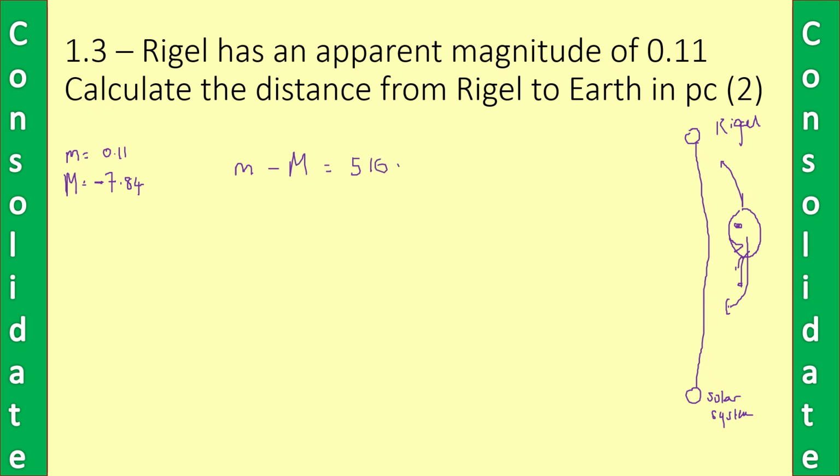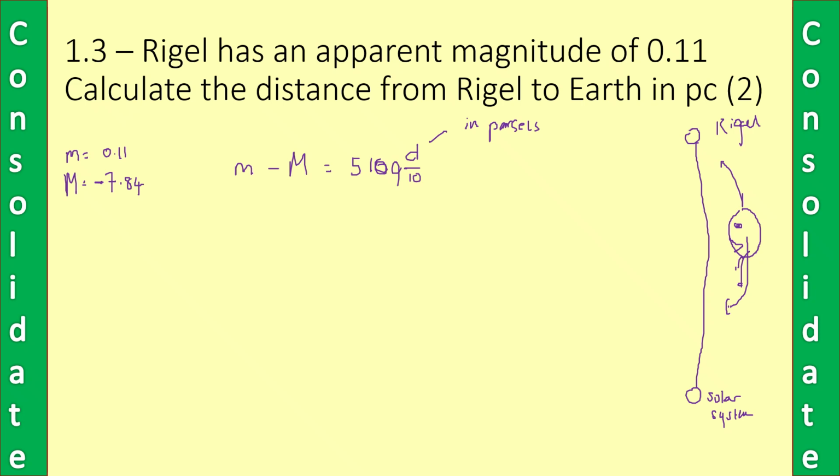m minus M equals 5 log d over 10. Now remember that distance in this case is in parsecs, and that is how we're being asked to leave our answer, in parsecs.